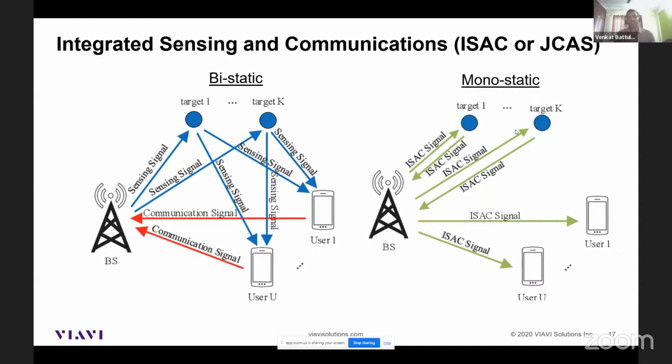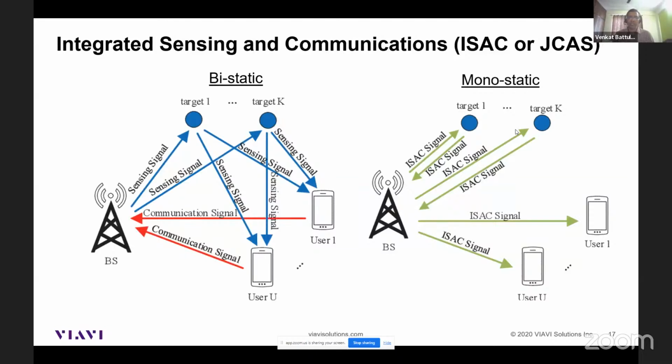I have illustrated two use cases: one where the network is sending both communication and sensing signals, whereas users are sensing the targets, and another where the network is sending and the network itself is sensing the signals. So it's not only communication with connected devices. The network now also wants to sense non-connected devices.